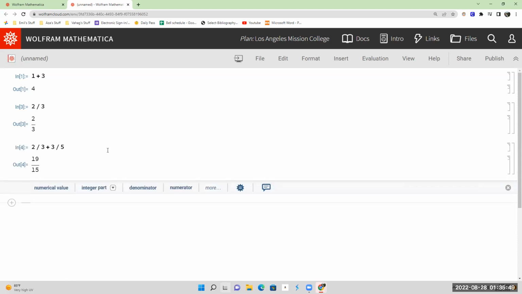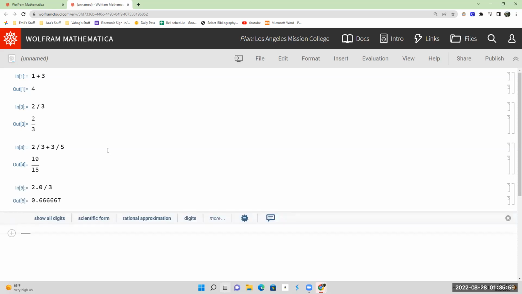If you want it to be numerically evaluated, then instead of doing 2/3, you want to do 2.0/3, and that way it assumes that you want it in decimal form. Alternatively, what you could do is you could use the N command. All commands in Mathematica are capitalized, and they take input inside brackets, not parentheses. This is important, these brackets.